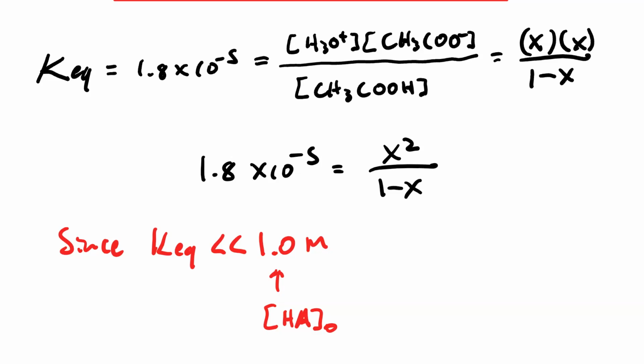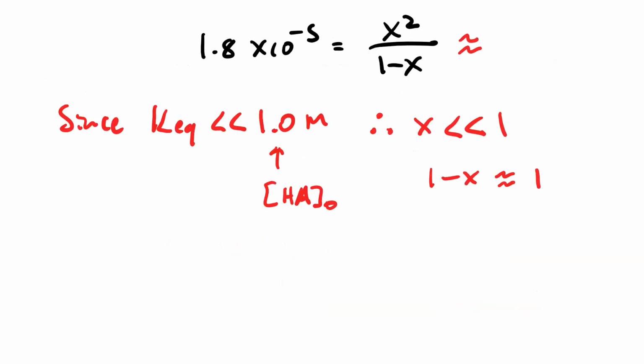So our initial concentration is 1.0 molar, and that's much greater than our Keq value. That means that x will be much, much less than 1. And therefore, 1 minus x, that is 1 minus a very small number, will approximately equal 1. And so this means we can make the approximation that x squared over 1 minus x is approximately equal to x squared over 1.